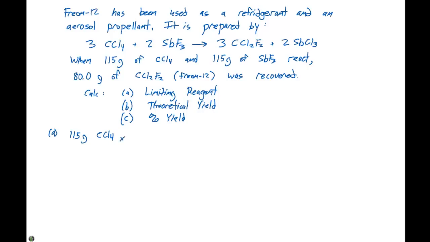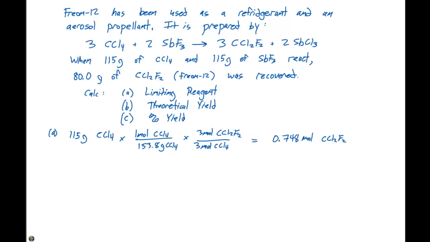So from the periodic table, we know that 1 mole of CCl4 is going to be equal to 153.8 grams. From the balanced chemical reaction, for every 3 moles of CCl4 that are consumed, 3 moles of the CCl2F2 are produced. This is going to produce a total of 0.748 moles of the Freon 12.